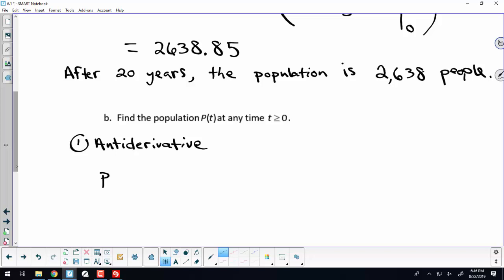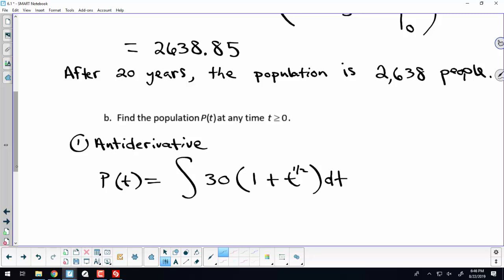So we're just going to say that P of t is the antiderivative of our population function, and use our initial population to find the constant.